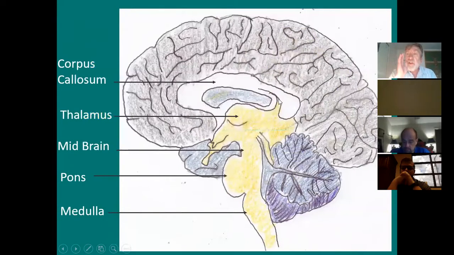The corpus callosum is a white matter tract that is between the hemispheres, and it allows the right and left hemispheres to share information. So you've got the brainstem crossovers, but then you have the corpus callosum, which is that bridge that links the right and left hemispheres.